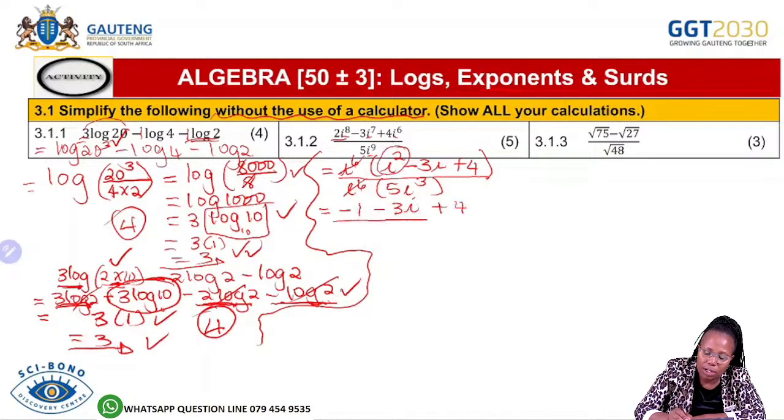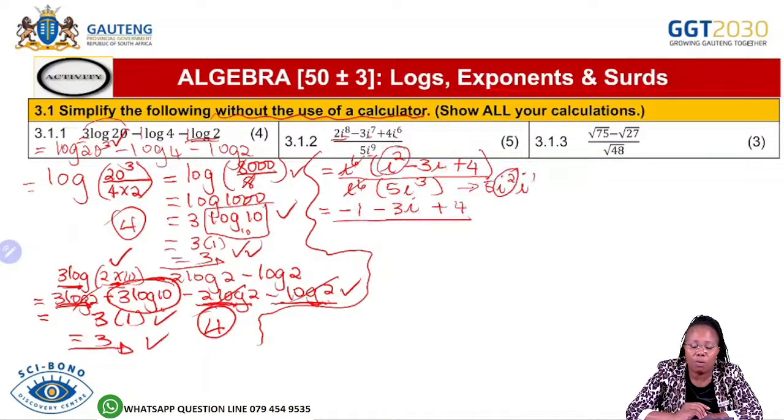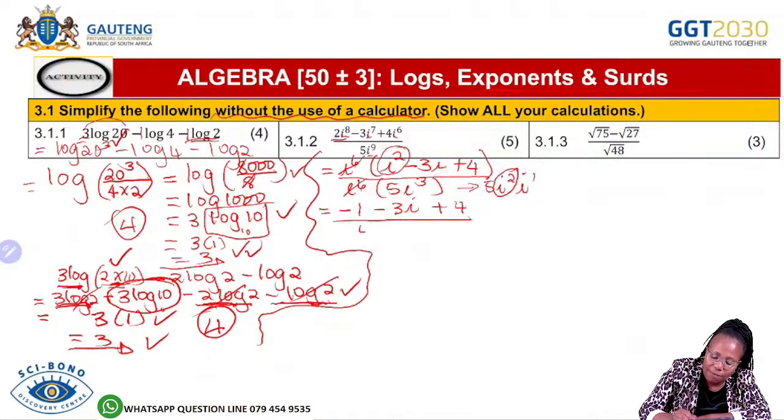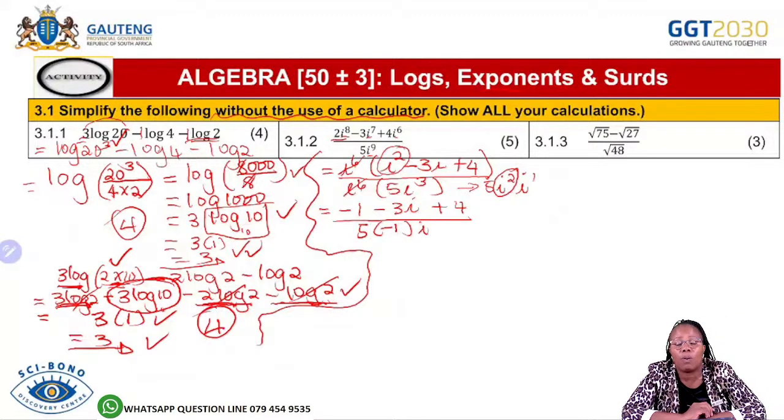And then on the denominator, remember this 5i to the power 3 is the same as 5i squared with another i, so that it can be 3. So we are going to target this one now and put a negative 1 there because it's now complex. So we have 5 times minus 1 for i squared, and then only 1i will be remaining, i to the power 1.